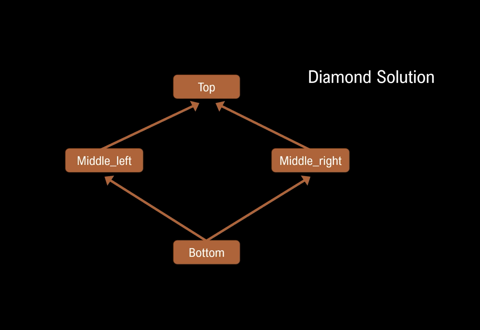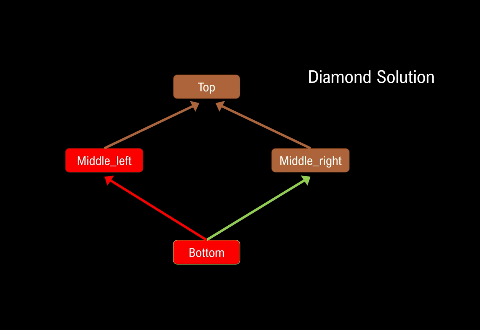So we saw that, for example, if the bottom class does not have a particular method or attribute that you're searching for, it searches vertically and left to right, right? So depth first, then left to right. So the middle left was our first specified parent class of bottom, so it searches there first.